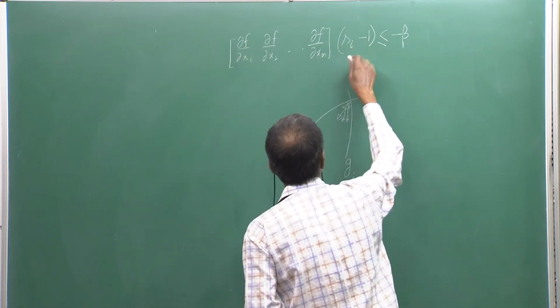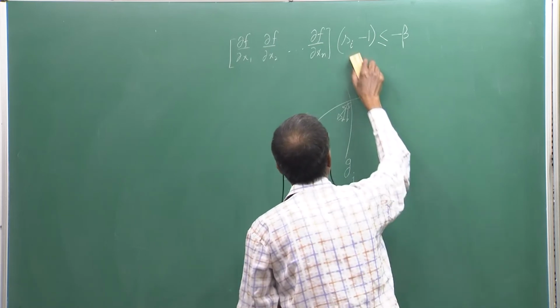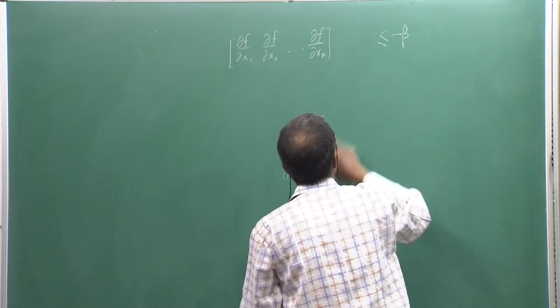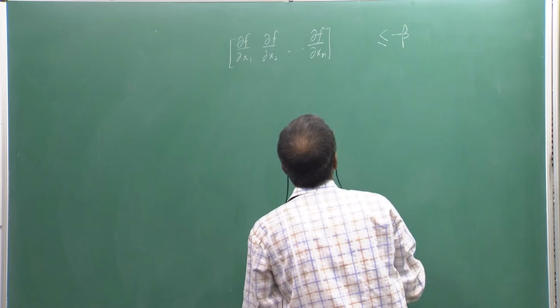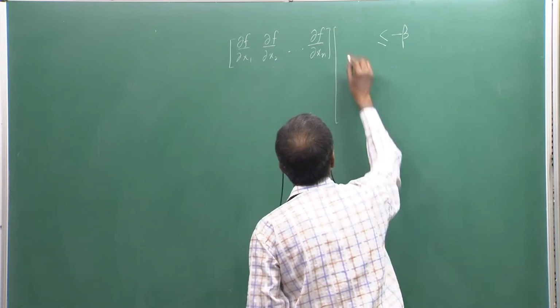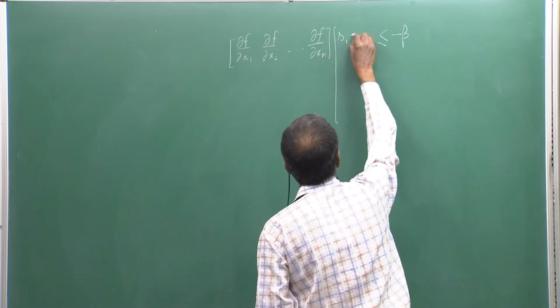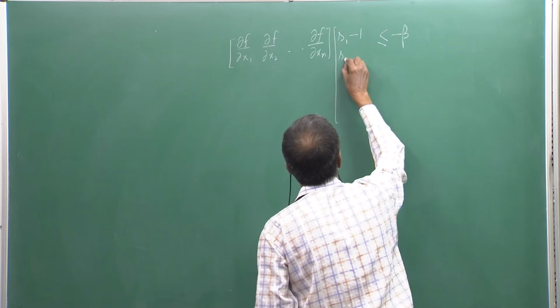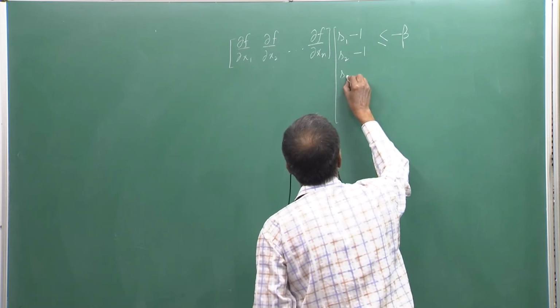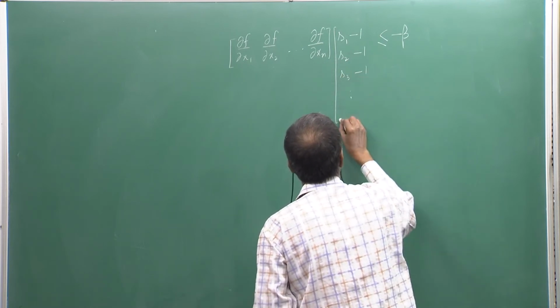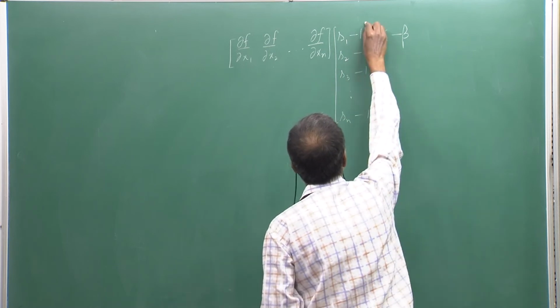So, when you open this, actually this is supposed to be a vector, s 1 minus 1, s 2 minus 1, s 3 minus 1, and so on, s n minus 1.